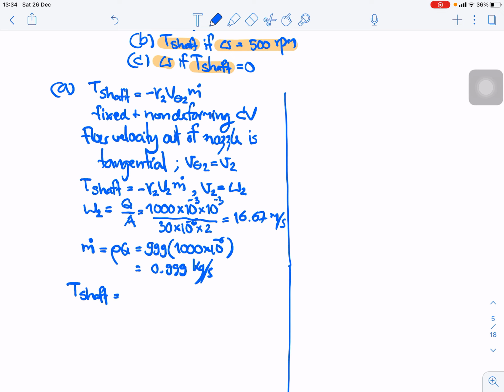Next we can find T shaft. For the radius, convert to meters. For velocity we can use 16.67, because in this case V theta 2 is equal to W2.